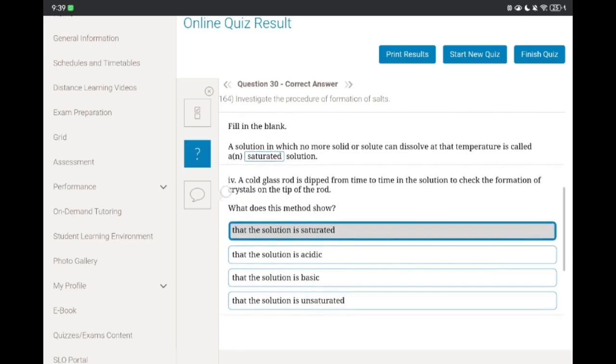A cold glass rod is dipped from time to time in the solution to check the formation of salt crystals at the tip. This shows that the solution is saturated. So I said at that temperature. If I have the same salt water and I add a bunch of ice, the salt is not going to dissolve.